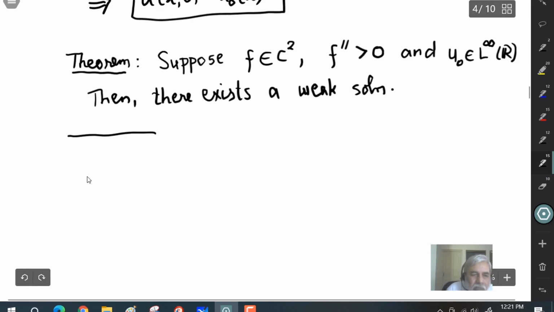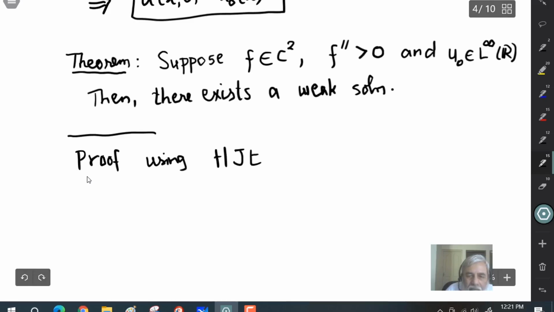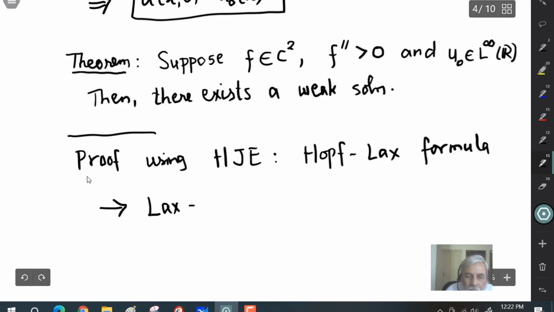Our approach is to prove it using the Hamilton-Jacobi equation, namely we use the Hopf-Lax formula for the solution of the Hamilton-Jacobi equation and then derive the so-called Lax-Oleinik formula.